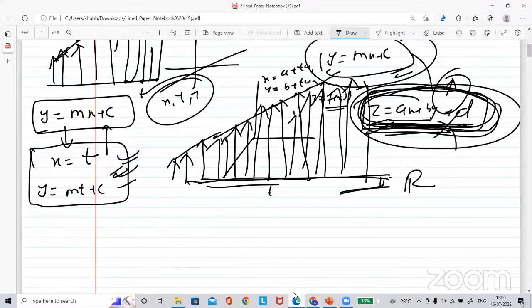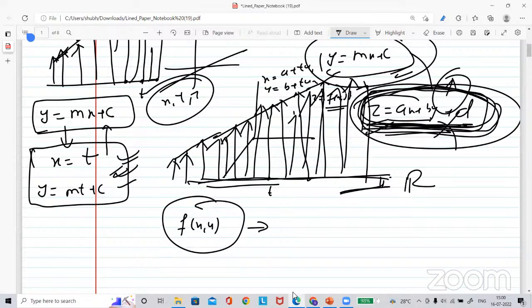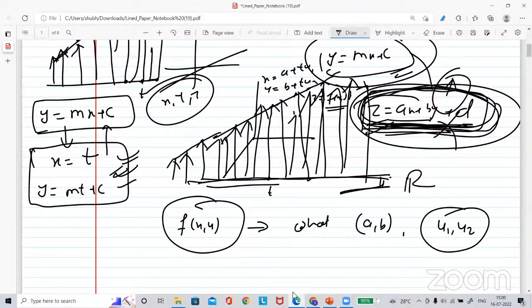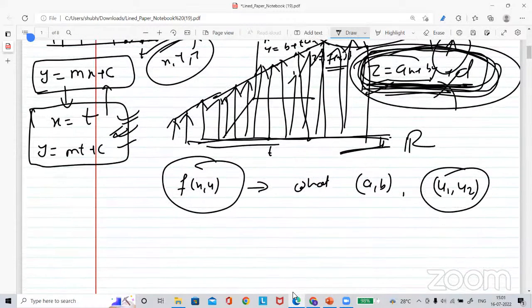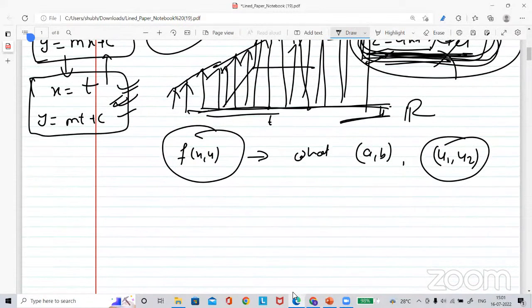The question is, we have a function, this one. What is the tangent line at point (a, b) in the direction of (u1, u2)? This is the question. For the line we are talking about, we have a function of two variables.